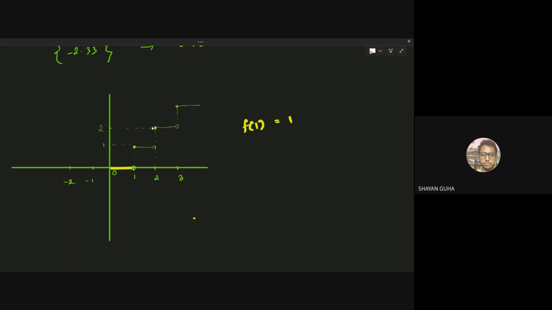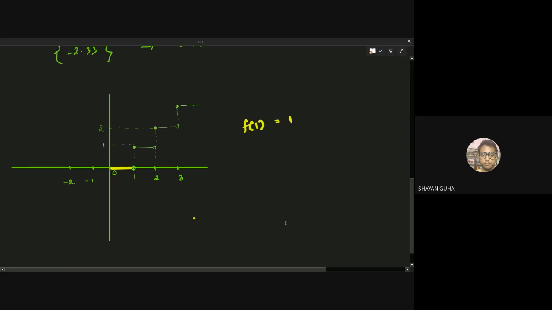You might have seen this graph if you are familiar with probability. There is a term called probability mass function, PMF, which is nothing but step functions. In this particular case, the step function looks like this.